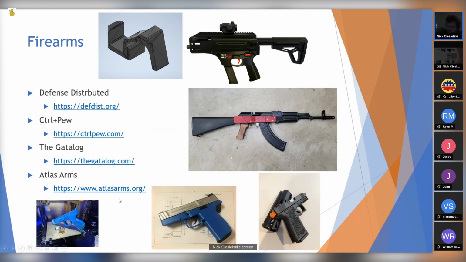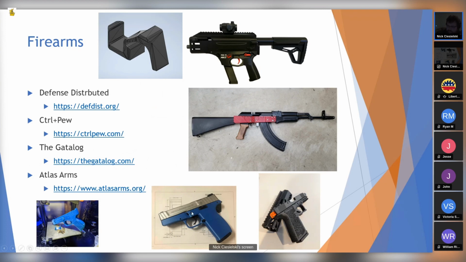Just running through some of these pictures, this pistol is a single shot with the cartridge and the barrel built into a little insertable piece, and you can slide it in, fire off the round, throw another one in. So that's kind of an all plastic pistol frame.